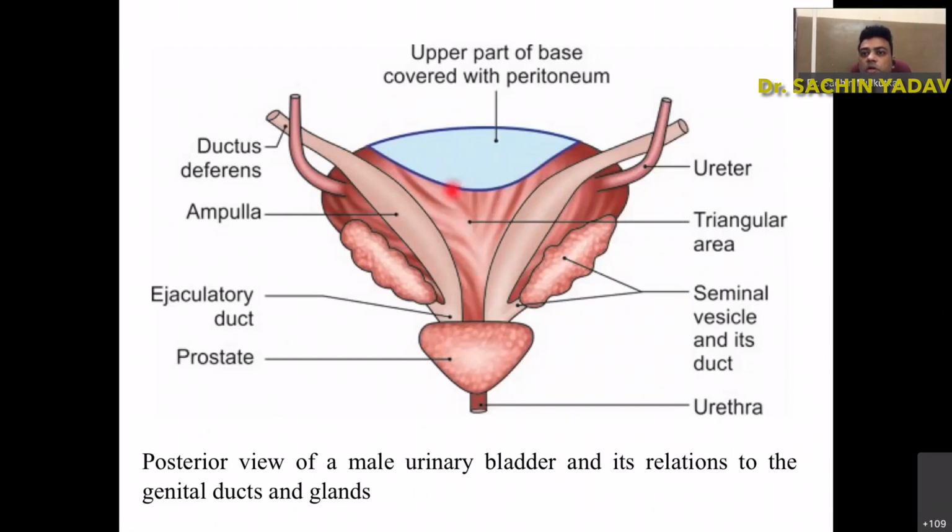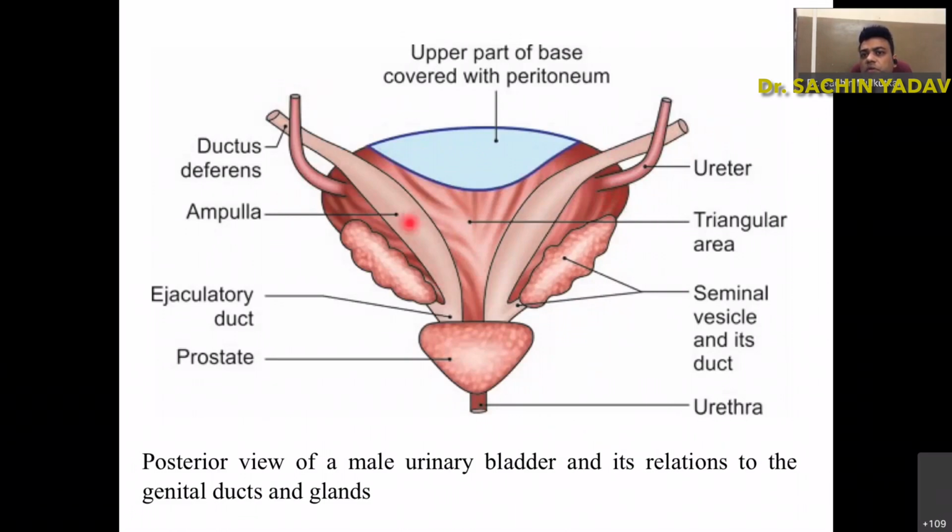The remaining part is in contact with the rectum, anal canal. You can see the ureter is emptying on the superolateral angle of the posterior surface of the base, and it is crossed over by the vas deferens or ductus deferens.